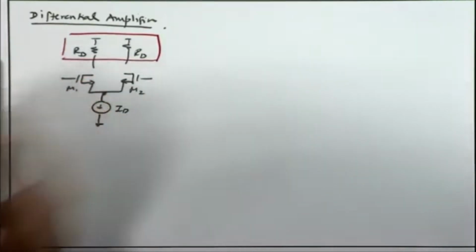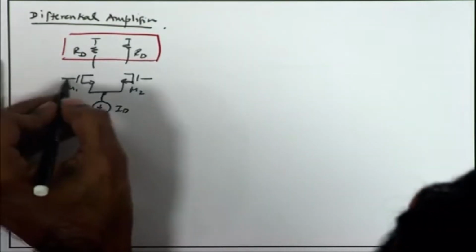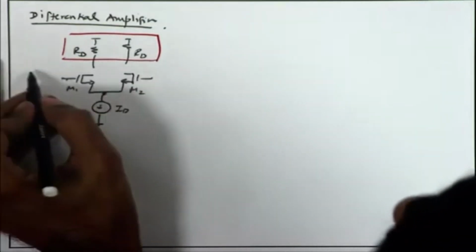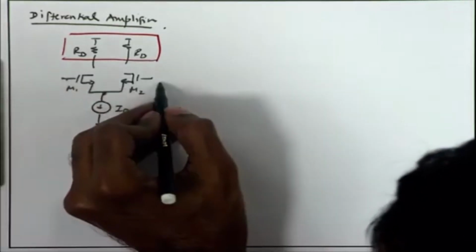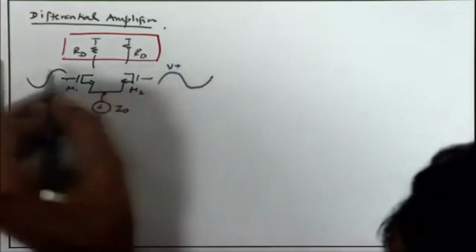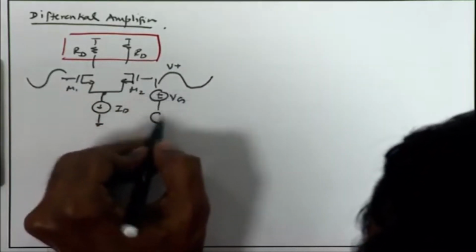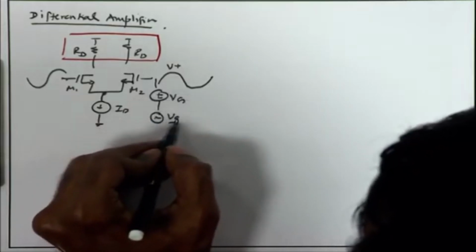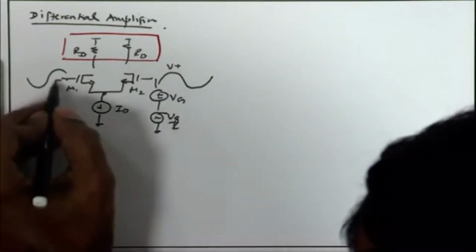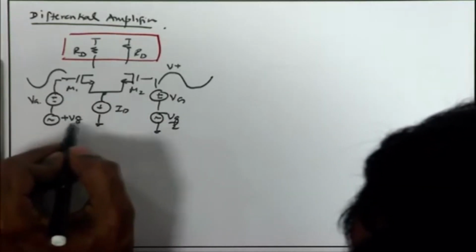Now, all of us are aware of the basic advantages of differential operation, right. Differential operation ideally is able to reject any common mode disturbance on both the inputs. If you have an input signal in differential mode, that is, the small signal applied on top of the DC voltage Vg has opposite polarity. So this is minus Vg by 2 and on this one again DC voltage Vg and plus Vg by 2.